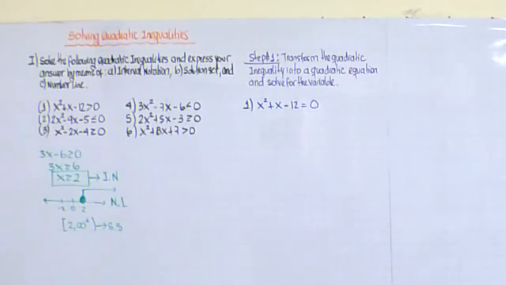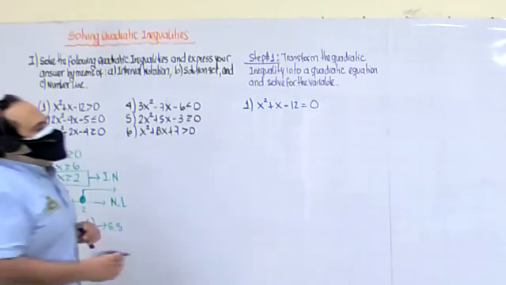We're replacing the inequality symbol with the equal symbol. And remember, to solve this quadratic equation, we have three ways: trial and error technique, completing the square, or the quadratic formula. You can use whatever you want, all right? We're going to try to solve this equation by the trial and error technique.